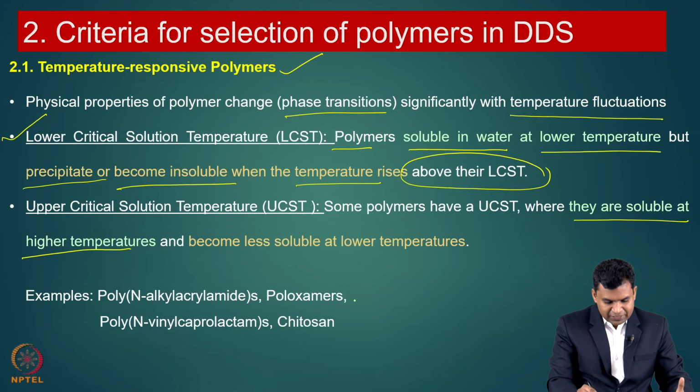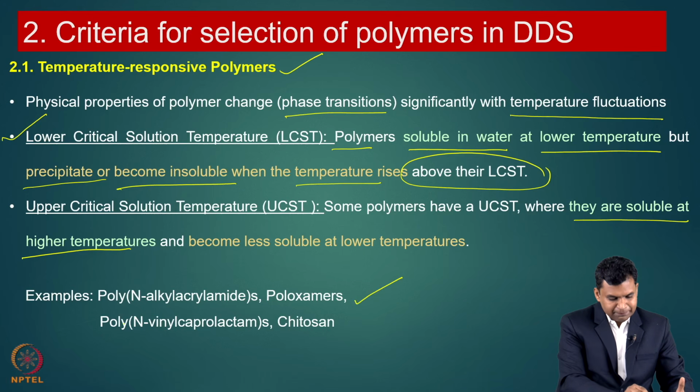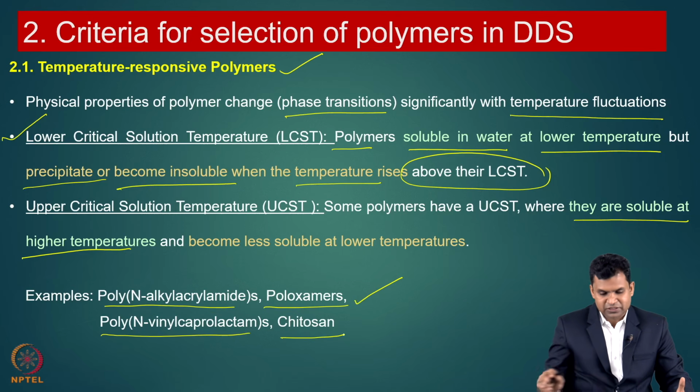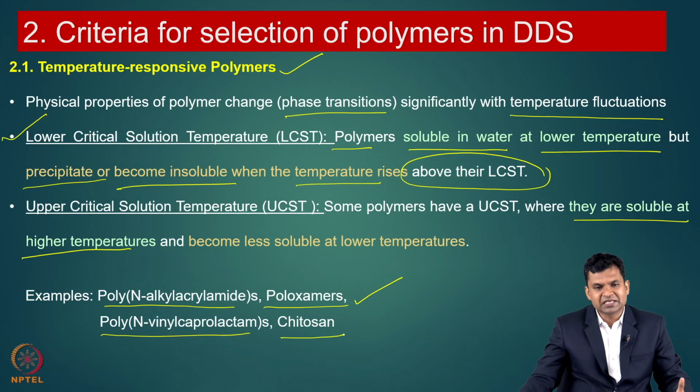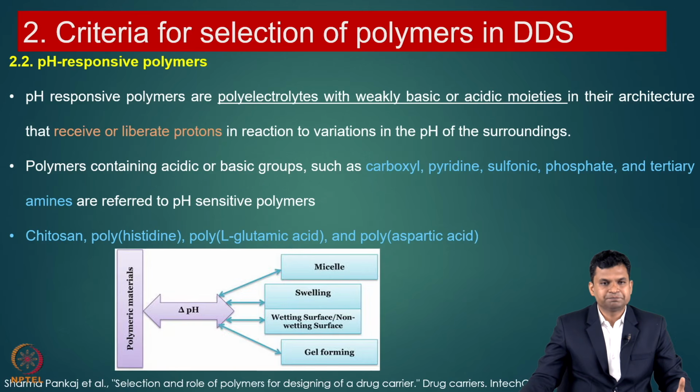Examples of temperature responsive polymers are poly N-acrylamides, poloxamer, polyvinyl caprolactam, and chitosans, which are the best examples of temperature responsive polymers.